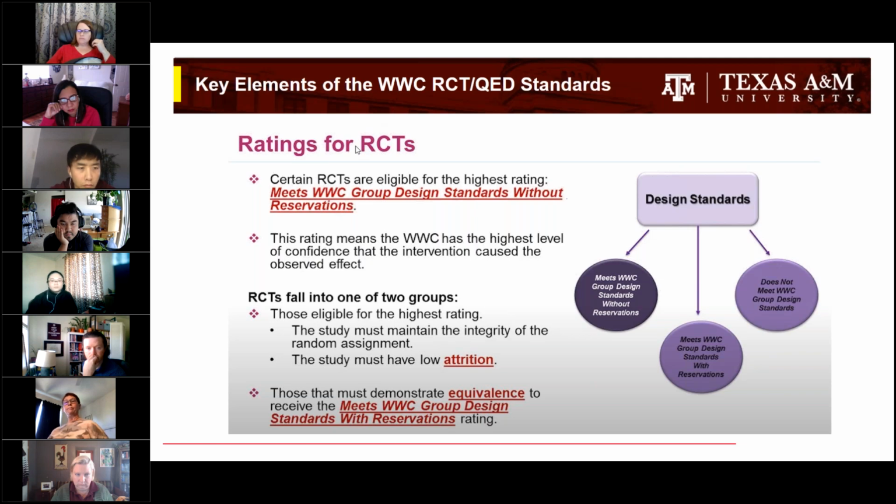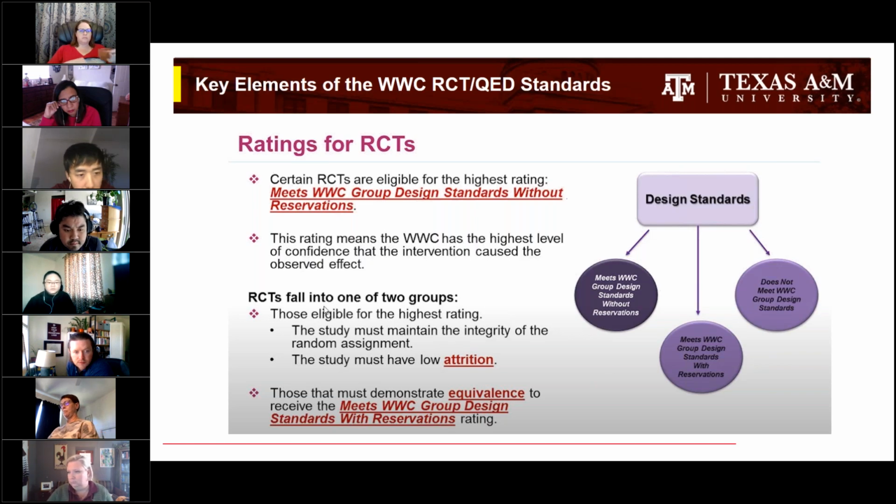Certain RCTs are eligible to receive the highest rating, that is, meets standards without reservation. This is the highest WWC standard, showing the confidence that the intervention causes the observed effect.